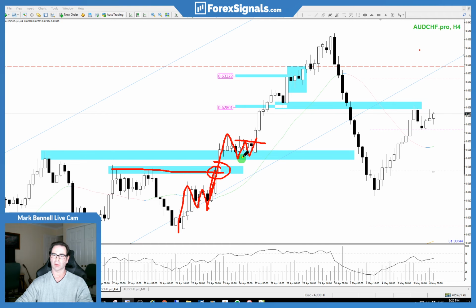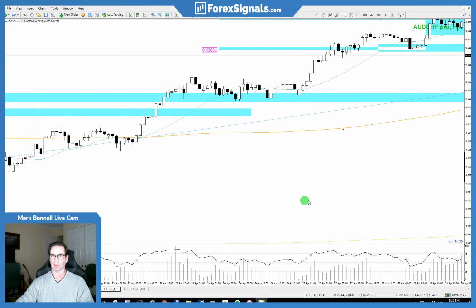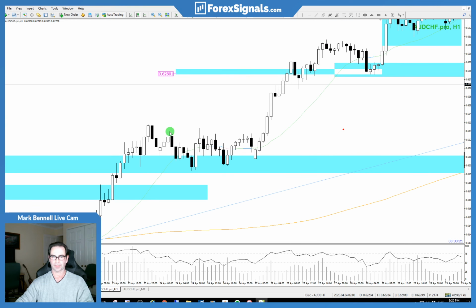All right, so this is not our clean ABC like this, but it is an ABC. So, you know, you could take the break through there. But yeah, this is probably not the best example either. So we see on the lower time frame. No, that's not good either.